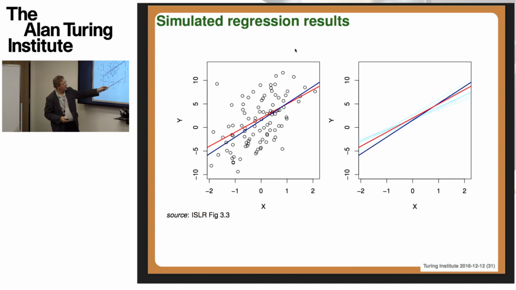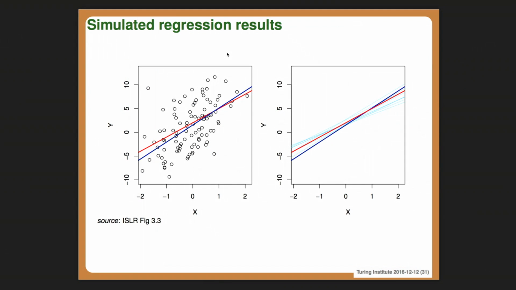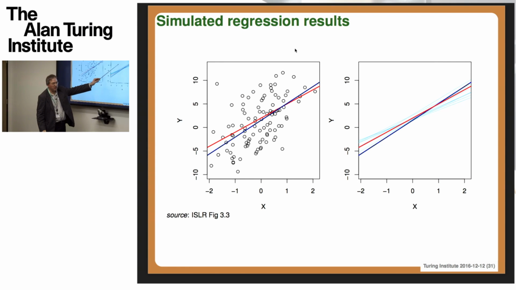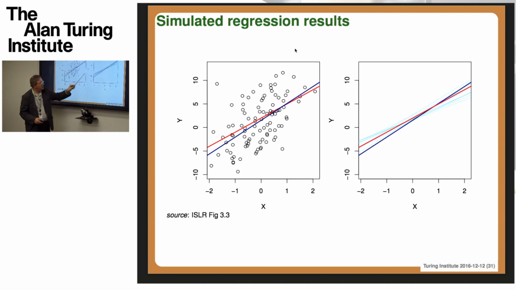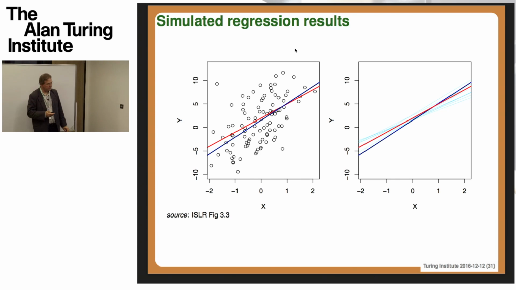On the right-hand side is shown that variability of lines, that's to say variability of betas, as you did fitting with more and more examples of the training set, specified in the same way. It's indicating that the population line is something that we never see. All we see is these inferred or estimated lines, which average out roughly to that red line, but of course there is some error associated with it.